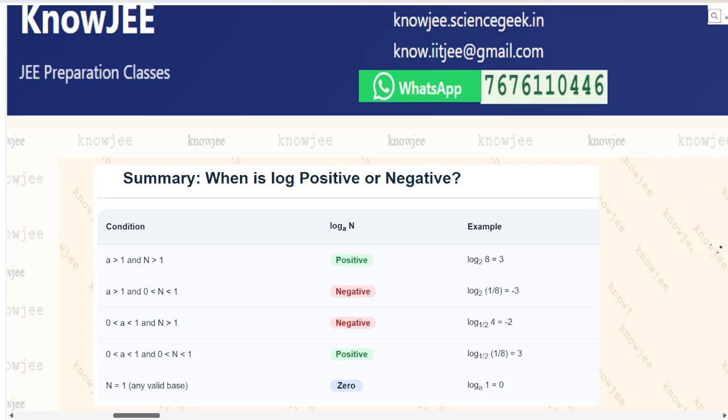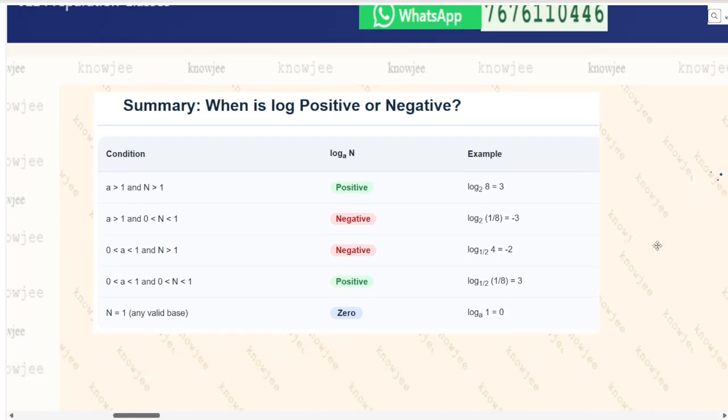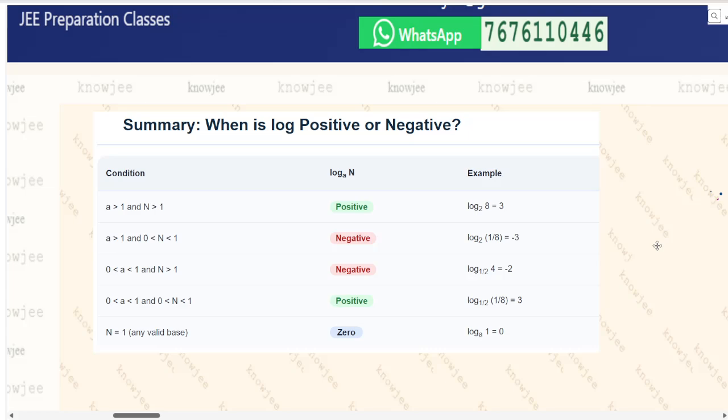So here is the summary for positive and negative log. The first condition: a is greater than 1 and n is greater than 1. In that case log is positive. When n is less than 1 and greater than 0, the log is negative.